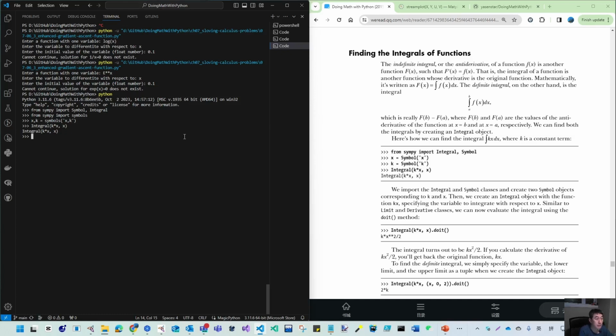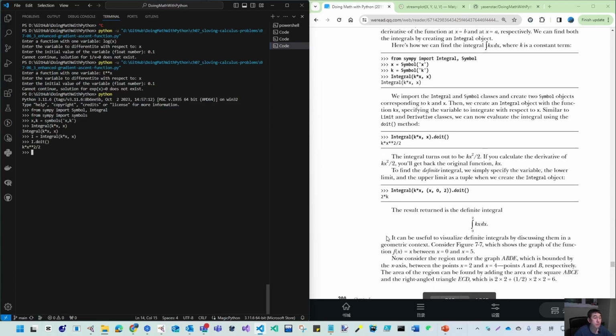So let's do the calculation. We put I equal to this Integral of k times x. Then if I do I dot doit, I get this result.